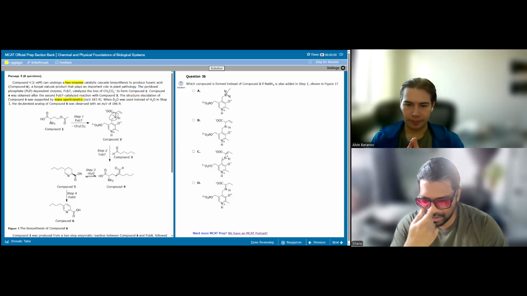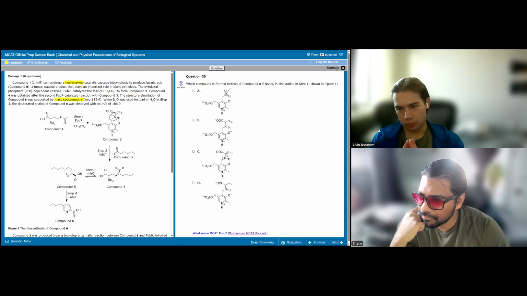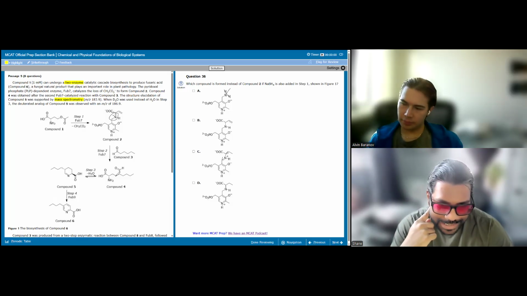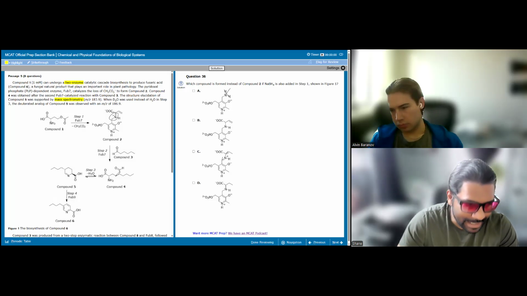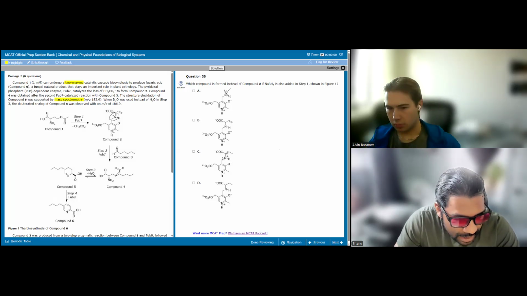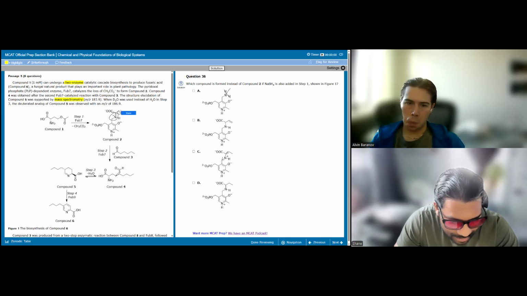Thinking D. Would it be D? In D, I see we lose this double bond and this double bond and this charge.